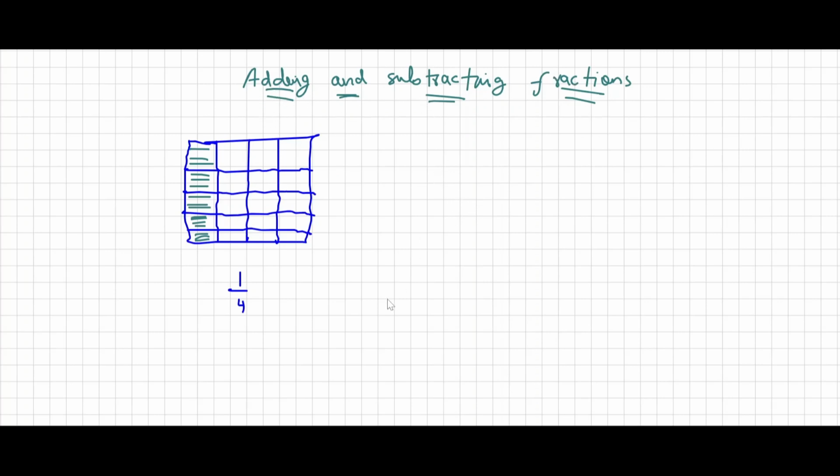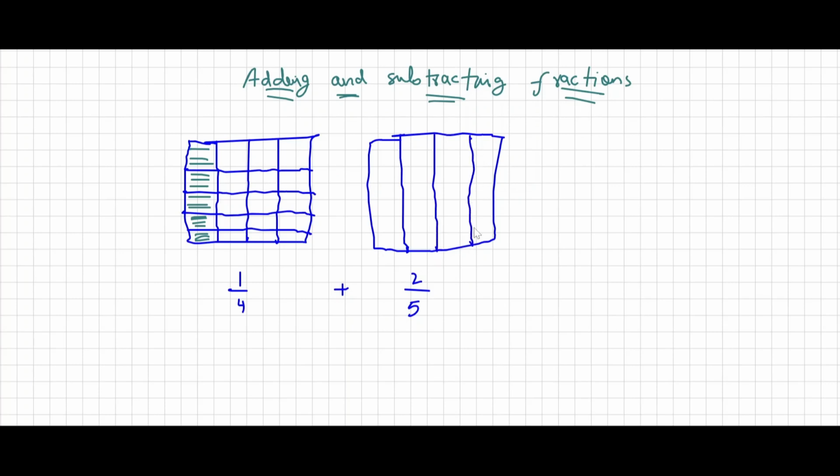We are also given something like 2 by 5. You can understand 2 by 5 is like this. If I write it in a square way, similarly there are three vertical lines and four horizontal lines.